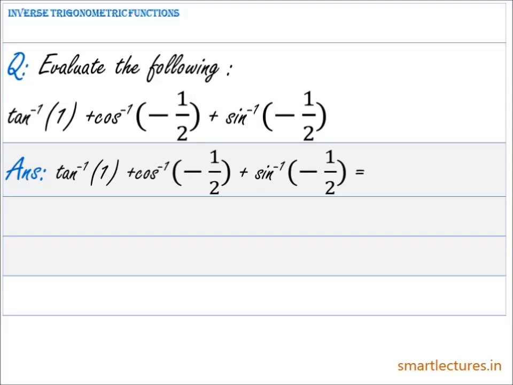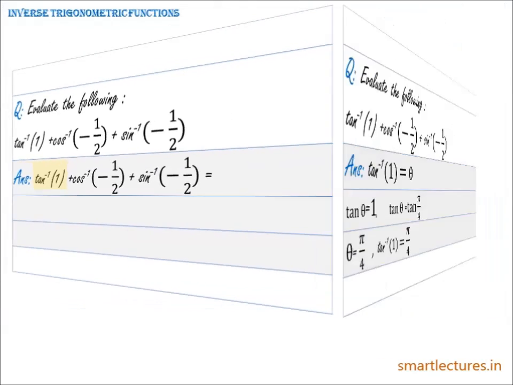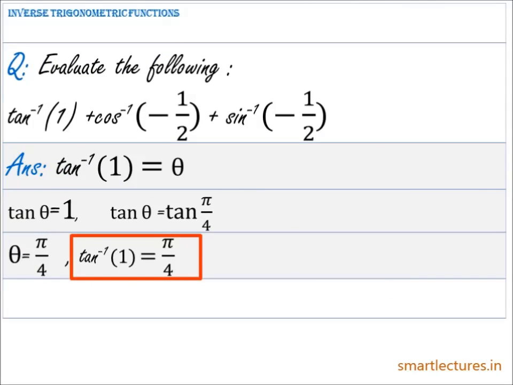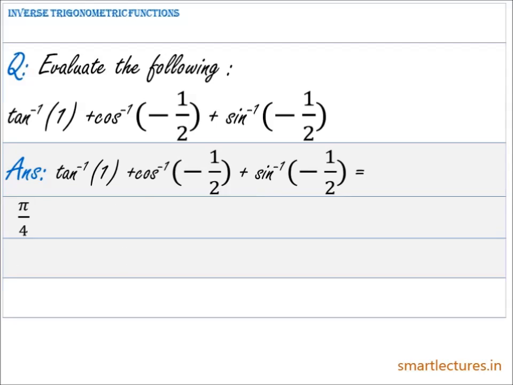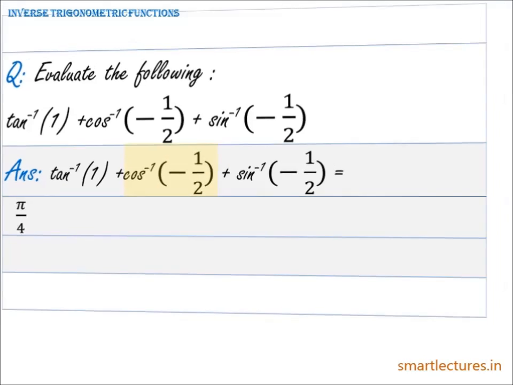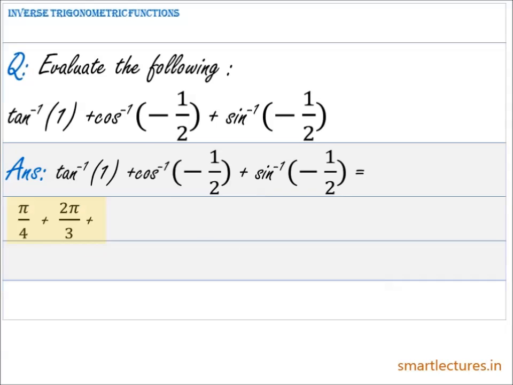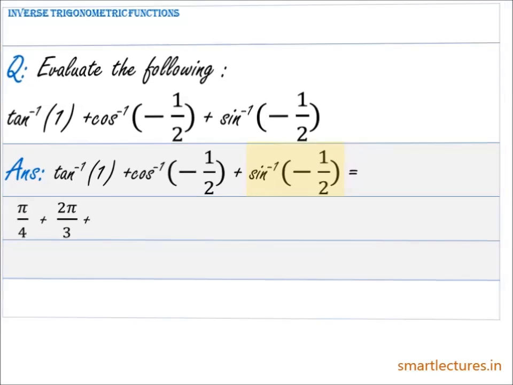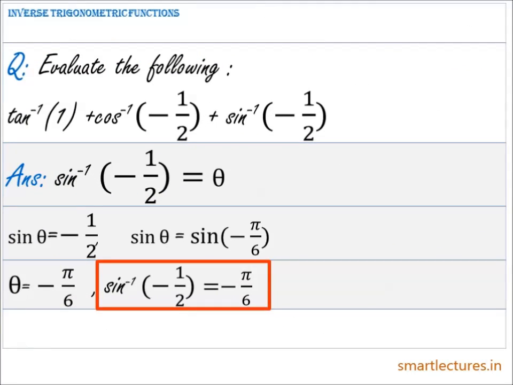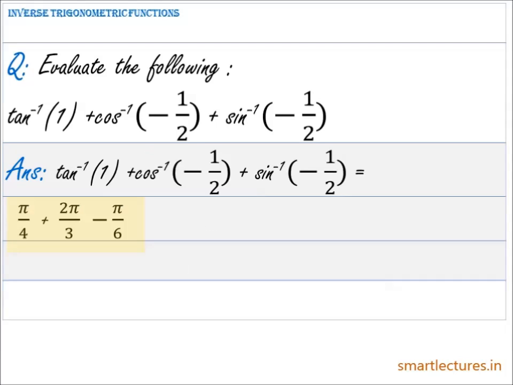Now tan inverse 1 is equal to pi upon 4, and cos inverse minus half is equal to 2 pi upon 3. So we can write pi upon 4 plus 2 pi upon 3 plus sine inverse minus half, and sine inverse minus half is equal to minus pi upon 6. That means the final expression becomes pi upon 4 plus 2 pi upon 3 minus pi upon 6.